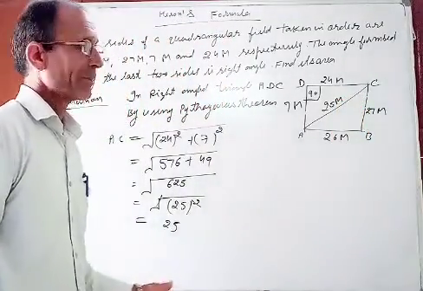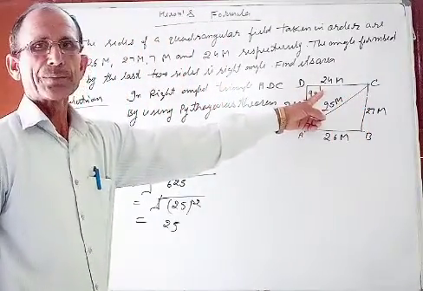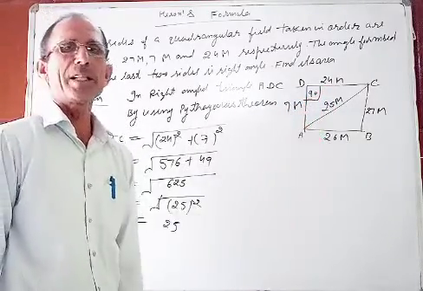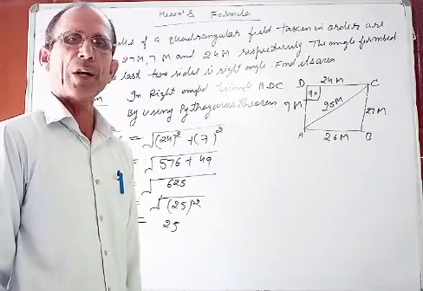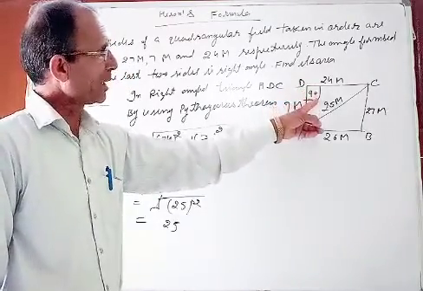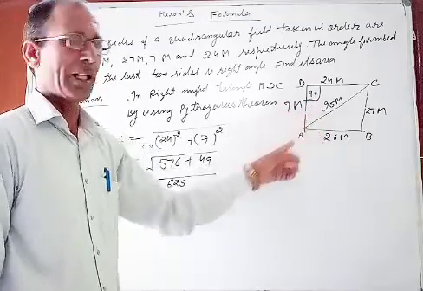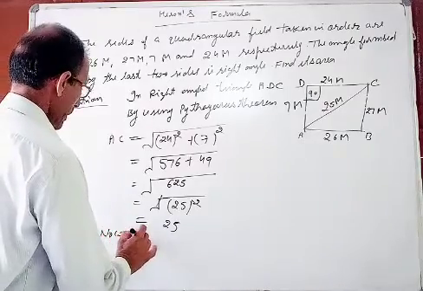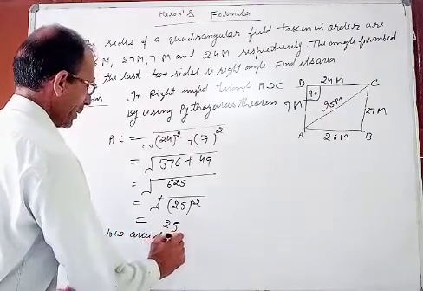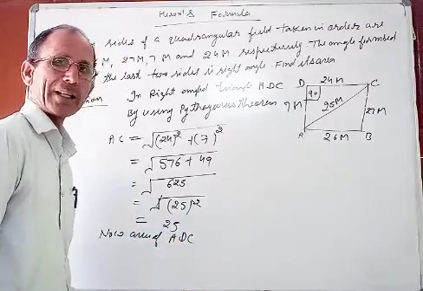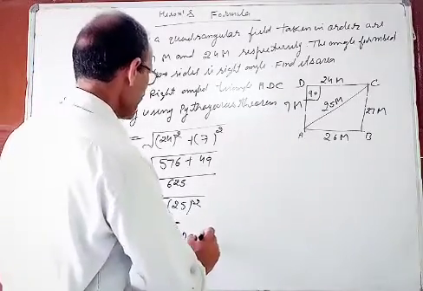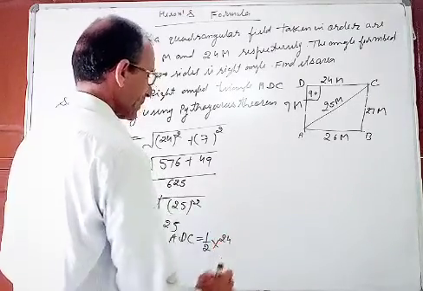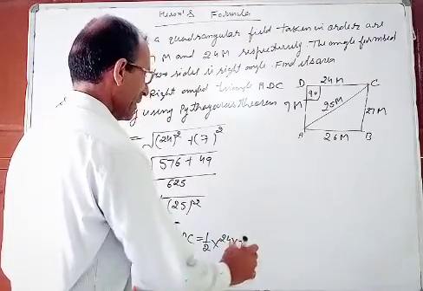Because this is a right angle triangle, in this one base is 24 meter and perpendicular is 7. So by using 1 by 2 base into height, we can find the area. So for finding the area of this portion, we can use this formula. Now area of triangle ADC is 1 by 2, base is 24 and perpendicular is 7.